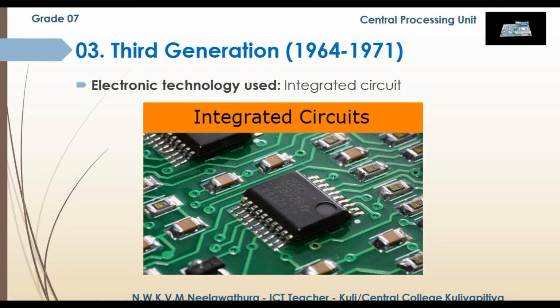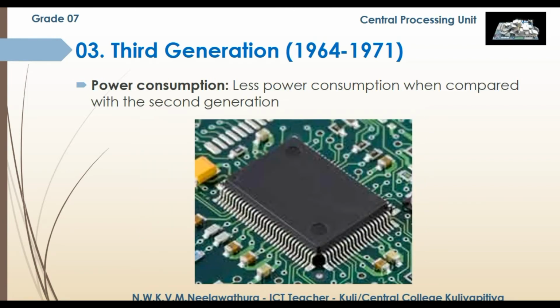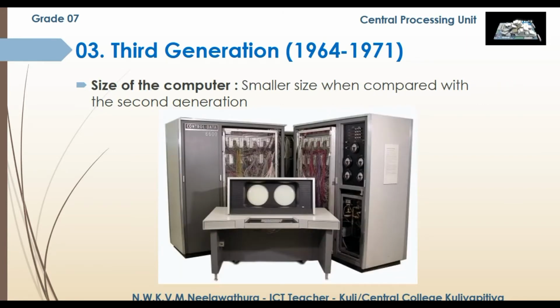Let's go to third generation, 1964 to 1971. Main electronic technology is the integrated circuit or IC. Power consumption: less power consumption when compared with the second generation. Size of the computer: smaller size when compared with the second generation.